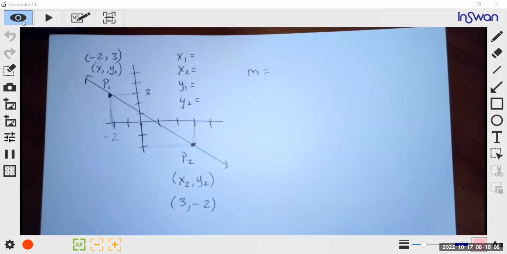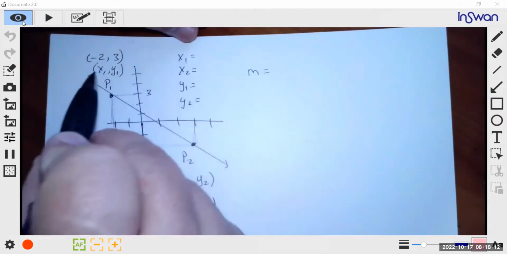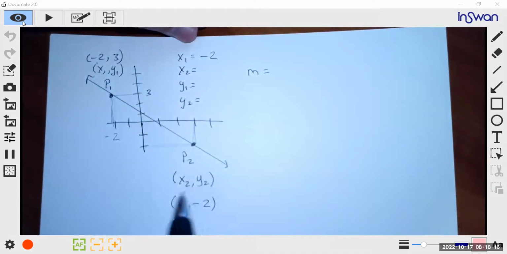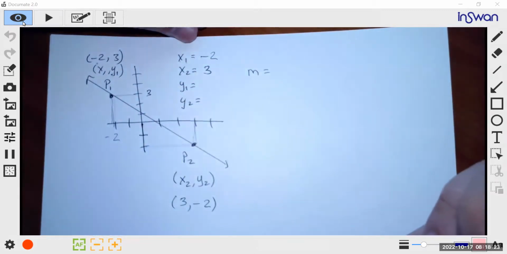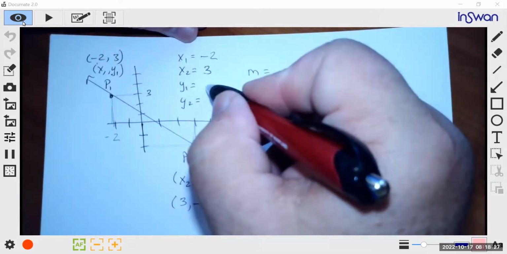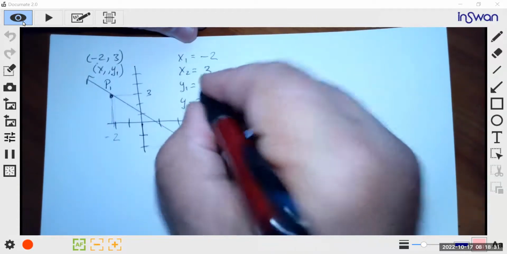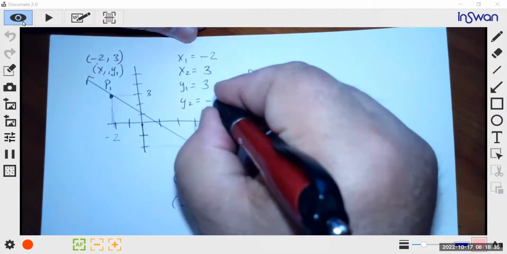So what's x1? x1 is the x value of the first point, which is -2. x2 is the x value of the second point, which is 3. y1 is the y value of the first point, which is 3. And y2 is the y value of the second point, which is -2.